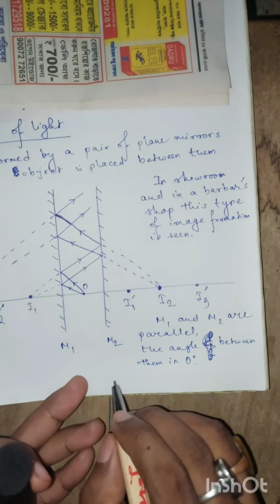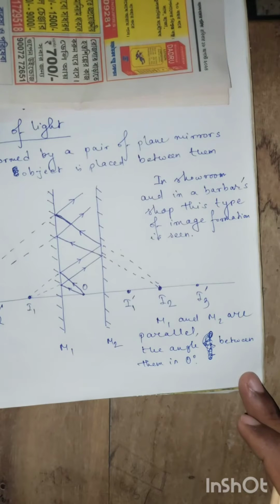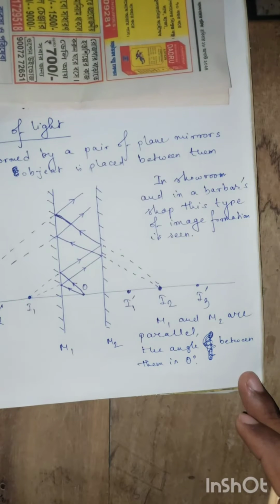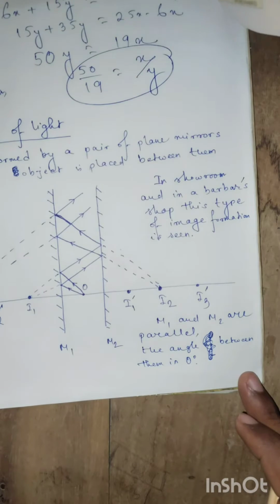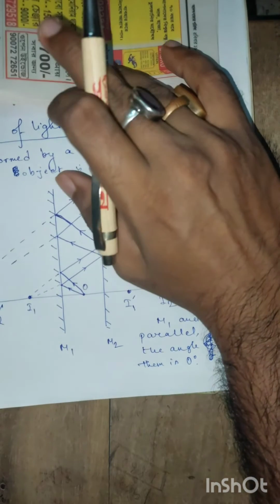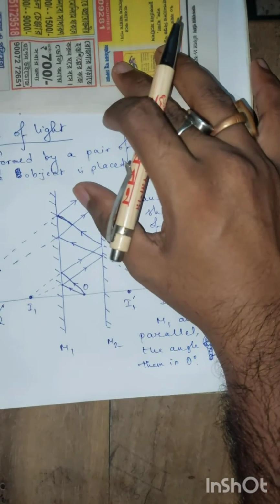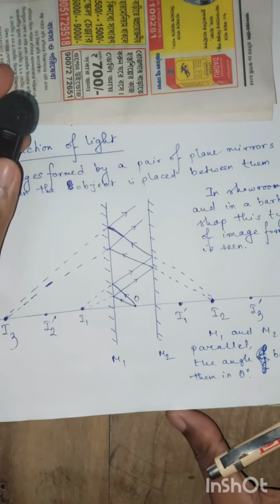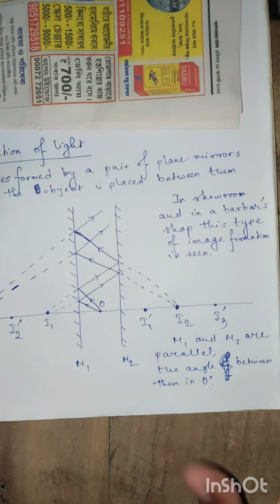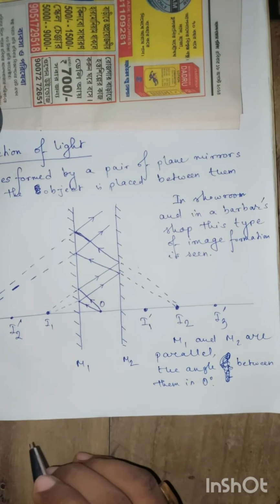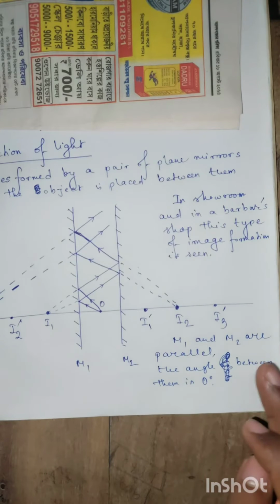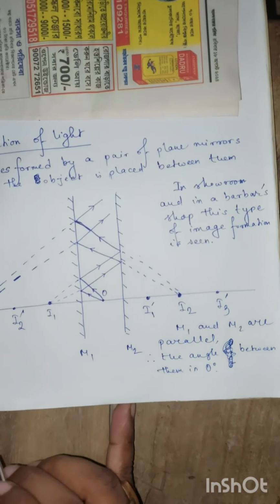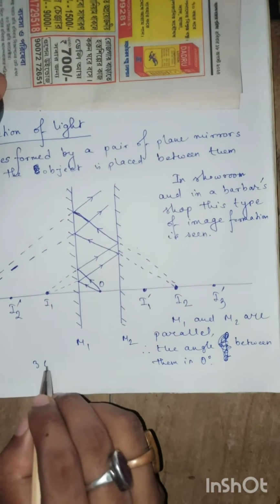So we have discussed about the number of images formed by two inclined mirrors when the angle between two mirrors is theta. Okay, so in this case, 360 degree by theta.